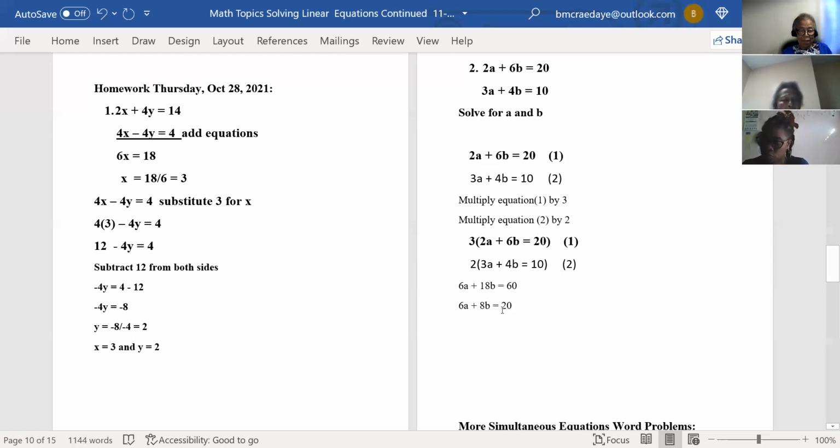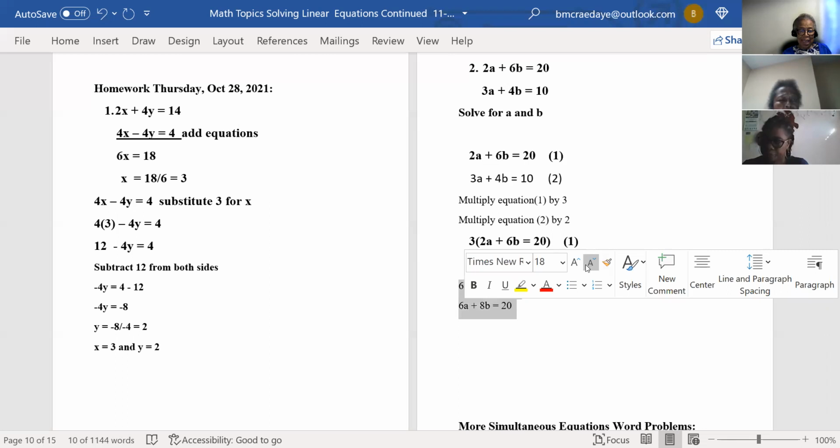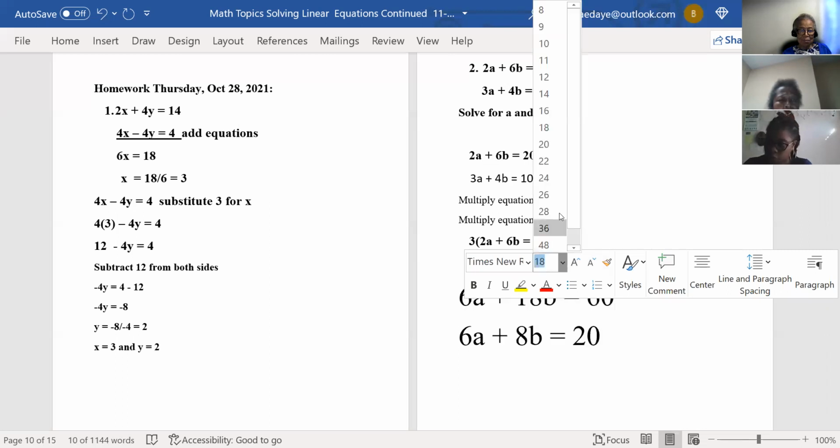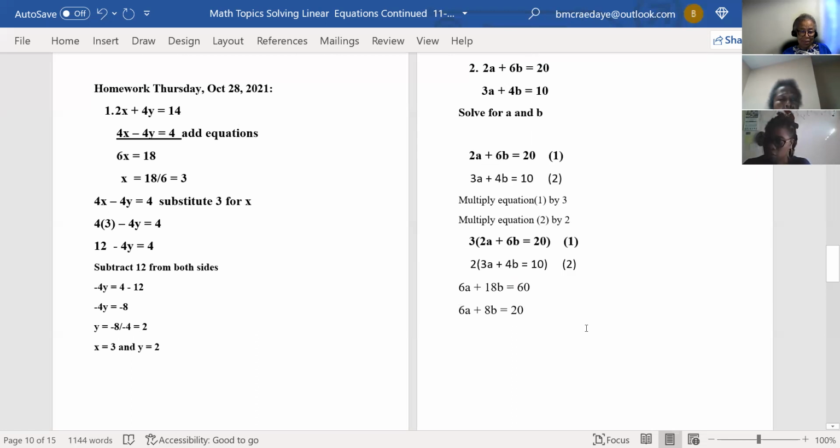Okay, now you have these two equations, right? But you see you have a 6a there. So you can subtract them and eliminate the a. Okay, so let's just draw a line here. Now subtract.